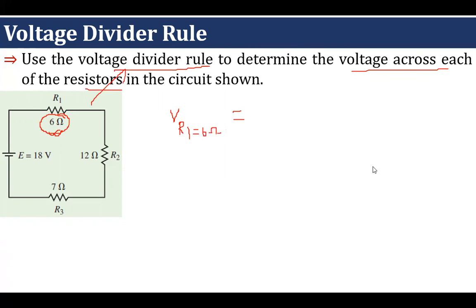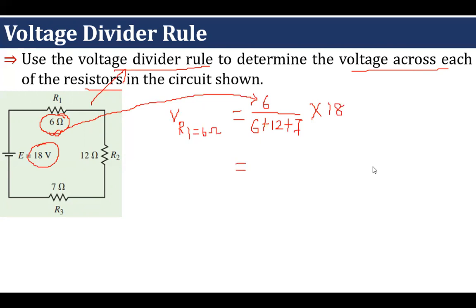So write this resistor value at the top, so 6 upon the summation of all the resistors in the series connected network, so 6 plus 12 plus 7, and then multiply with the applied potential, which is 18.